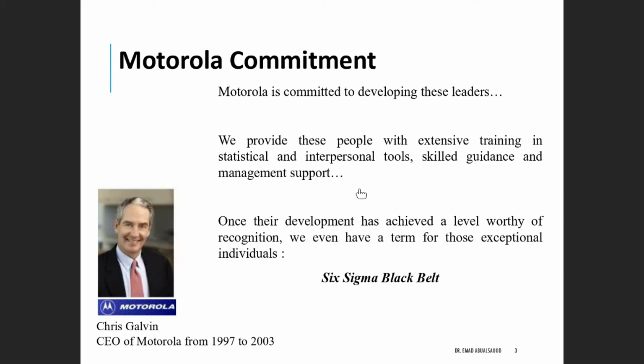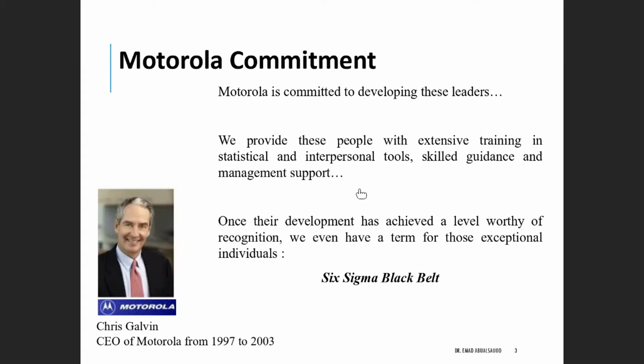Also, as an employee, you develop your skills and knowledge, and Six Sigma is a main module and main training for all the General Electric companies over the world until today.